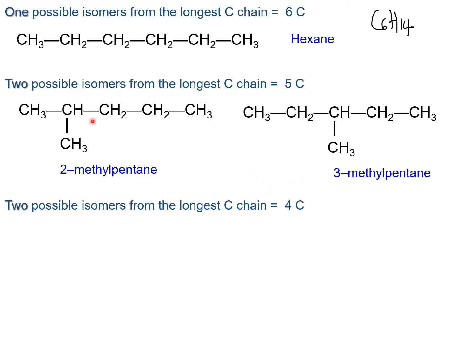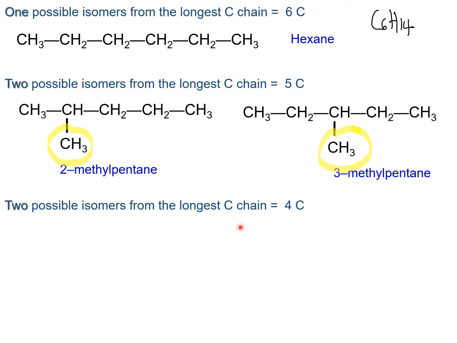As what I told you, kalau you pendekkan dia punya parent chain daripada 6 jadi 5, substituents tu will be always methyl CH3. Sama ada methyl tu duduk dekat carbon number 2 atau carbon number 3. So that's why ada 2 possible isomers.